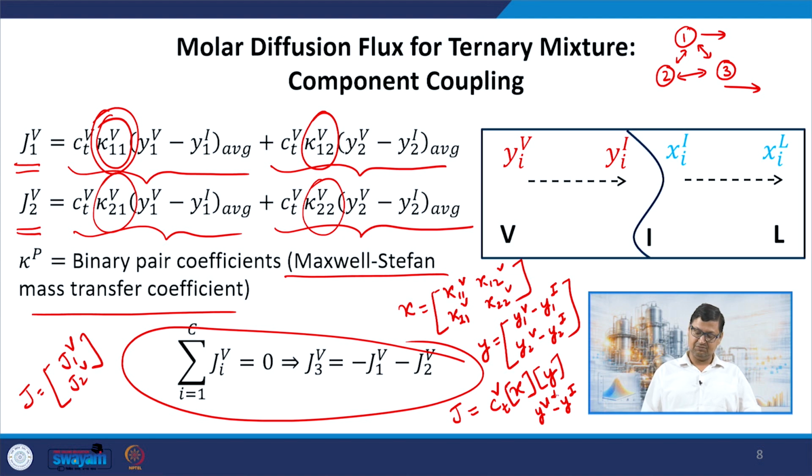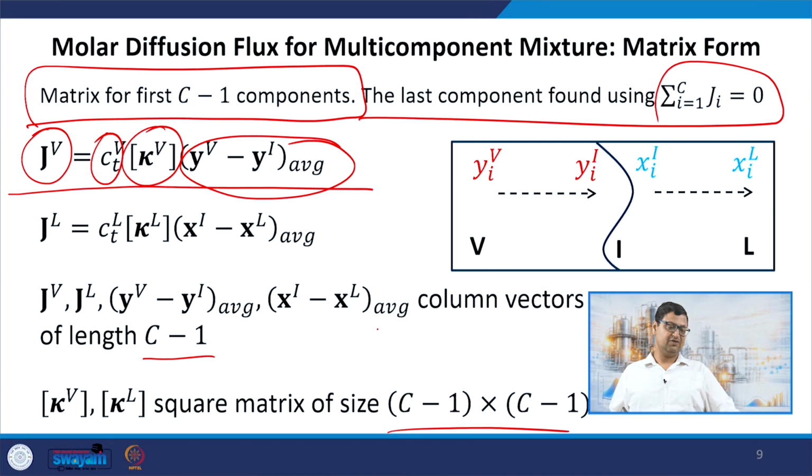where I define two different column vectors. Yv is going to be y1v, y2v, and yi is going to be y1i, y2i, right? In addition to this, we are now doing it also for the liquid phase.